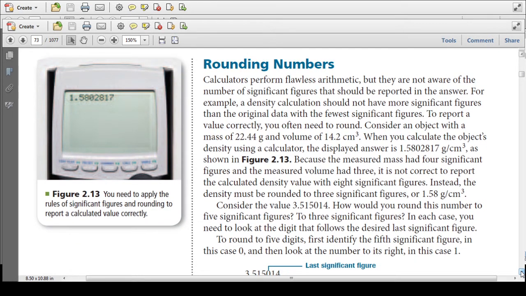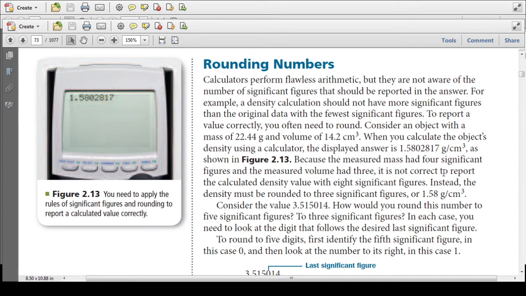When you put the calculation, mass over volume, into your calculator, you get a value that looks something like this, in grams per centimeter cubed. Because the measured mass had 4 significant figures and the measured volume had 3 significant figures, it's not correct to report the calculated density with 8 significant figures. Instead, the density must be rounded to 3 significant figures, or 1.58 grams per centimeter cubed.